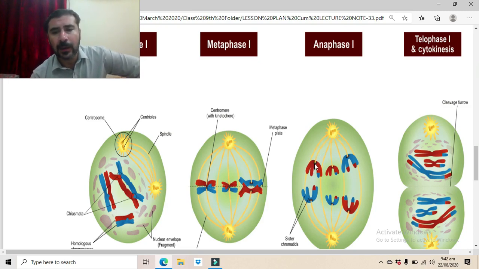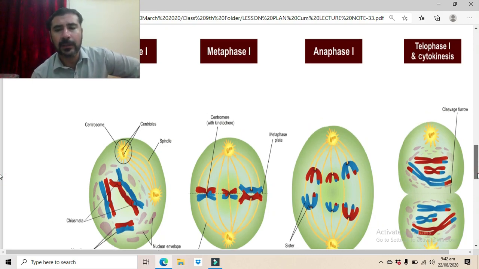Each spindle fiber will pull one chromosome from the homologous pair of chromosomes. This spindle fiber will pull this chromosome. Similarly, from this pair, one chromosome will move this way and one this way, and for all homologous pairs, one chromosome will be pulled towards one pole and the other towards the other pole.